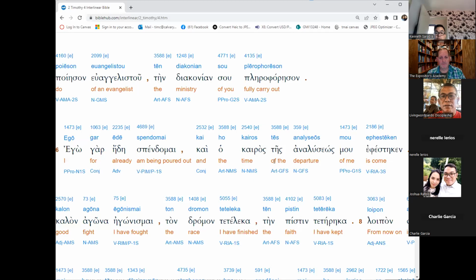Notice the prepositional phrase is between the subject time and the verb has come. So that does reflect what Paul actually said, how he worded it in the text.